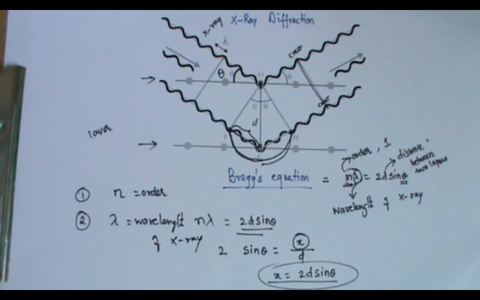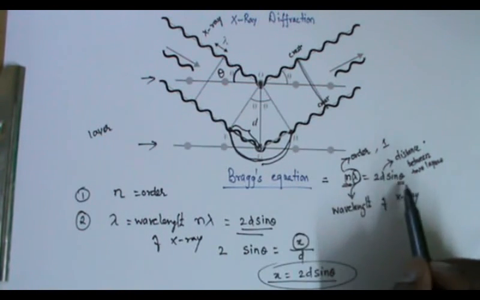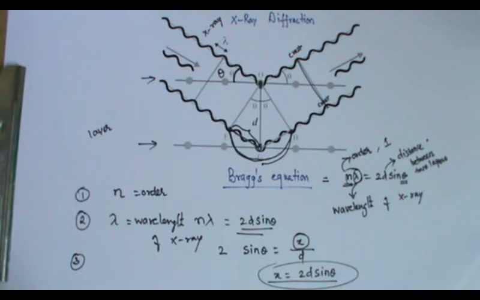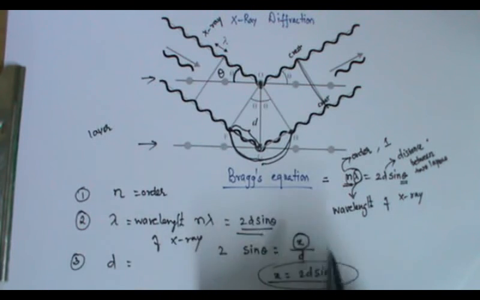It is possible if you know n, d and theta. Third one, what is the distance between the two layers of atoms? So that also is possible to find out from this formula.